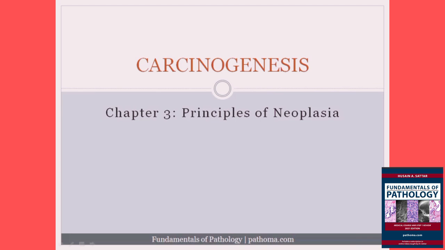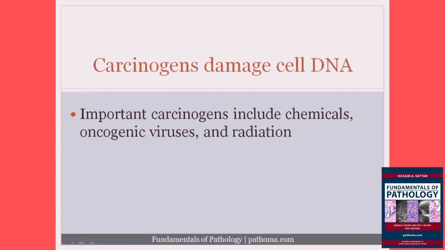Before we begin, let's remind ourselves that carcinogens are agents that damage DNA. And there are several subtypes of important carcinogens, each of which lends itself to a high-yield discussion for examinations. For example, there are a subset of chemicals that are known to induce DNA damage that can result in cancer formation.